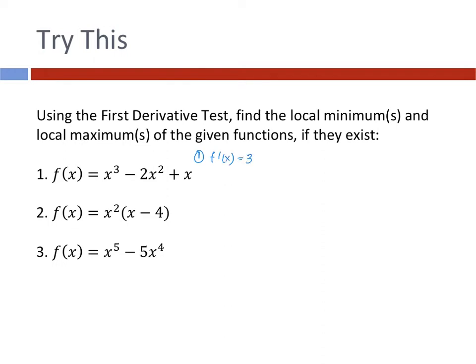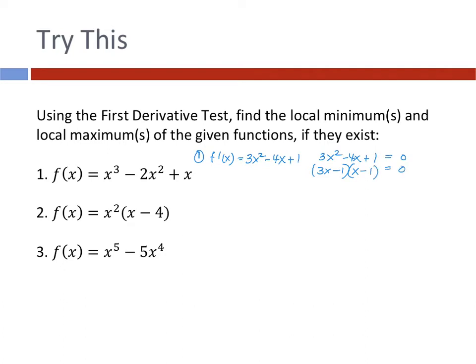So we get 3x squared minus 4x plus 1. And setting that equal to 0, we get 3x minus 1 and x minus 1. That's factored correctly.